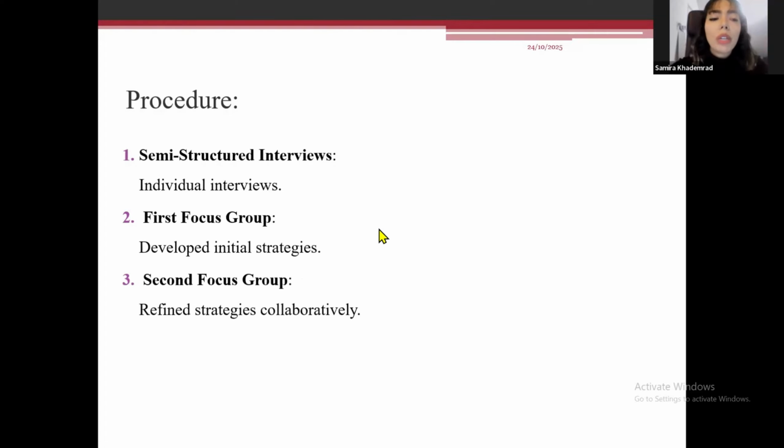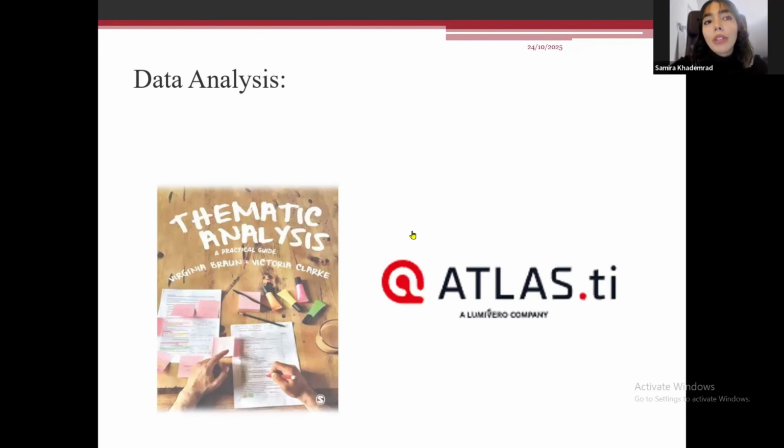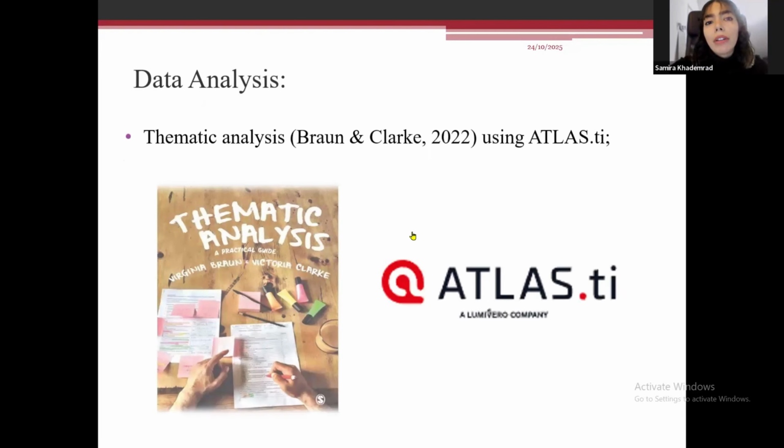After another week, we had the second focus group in order to refine and finalize the strategies. Well, how did we analyze data? Using Braun and Clarke's framework, thematic analysis was performed on interview and focus group discussion data. We also used Atlas.ti software to facilitate data coding and thematic clustering.